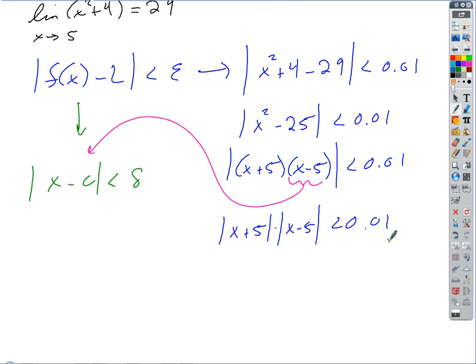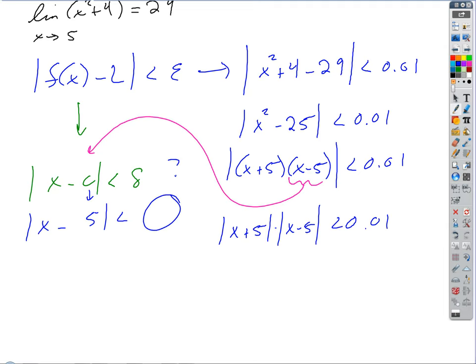And so all I have to do is get that by itself. That looks a little weird, dividing both sides by the absolute value of x plus 5. Because you agree, that's kind of what we know the left side needs to look like. It needs to look like that, and we know that c is 5, right? So we need the absolute value of x minus 5 is less than some number.